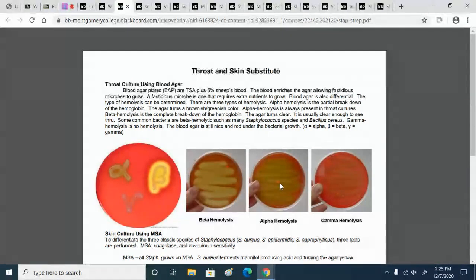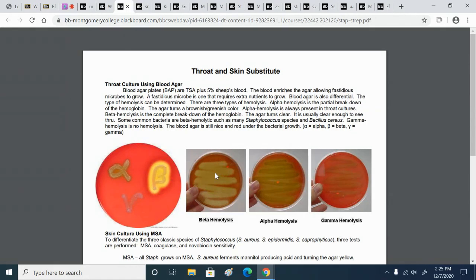Beta hemolysis is the complete destruction of the hemoglobin. And so the agar actually turns clear, and it's clear enough to see through. We can see a nice clear zone around these bacteria, and all this is clear in here. Many common bacteria are actually beta hemolytic, things like Staph aureus or Bacillus cereus, and of course Streptococcus is.